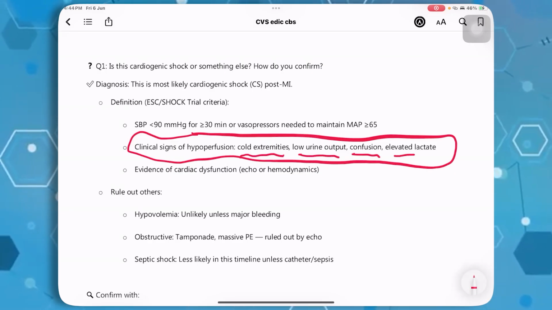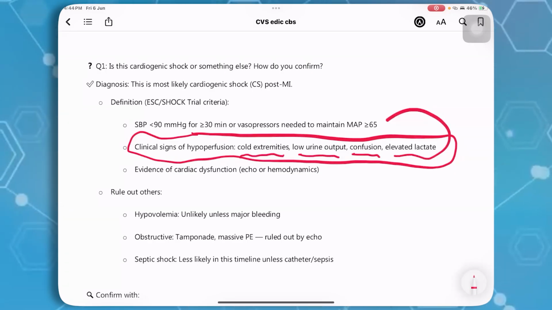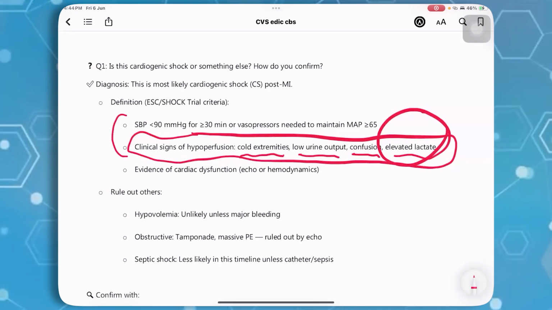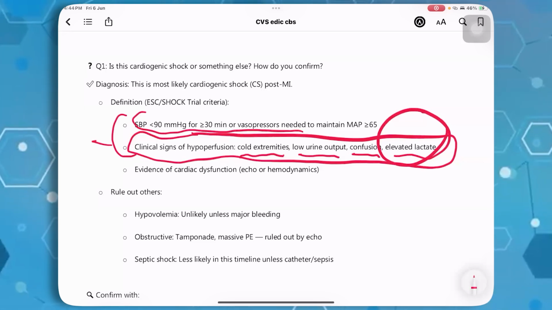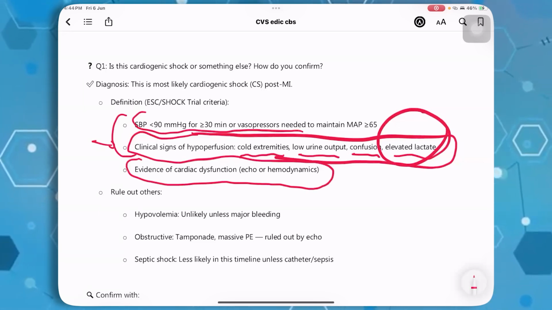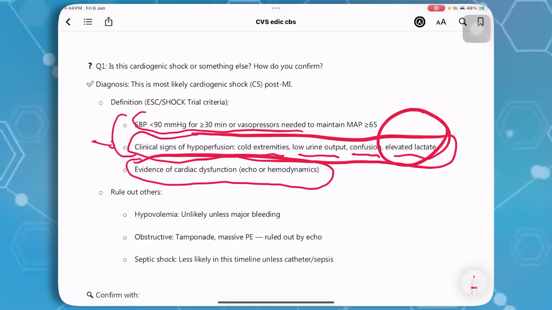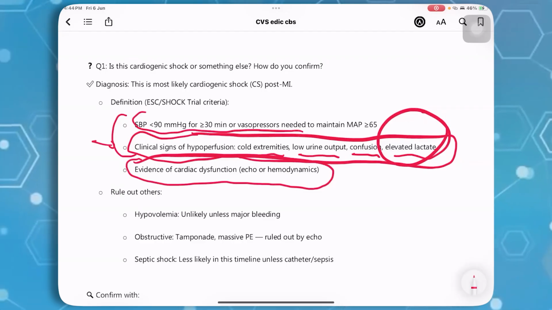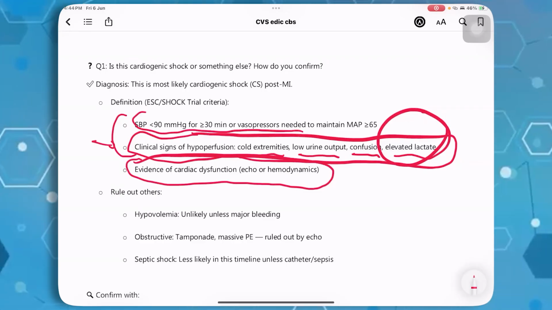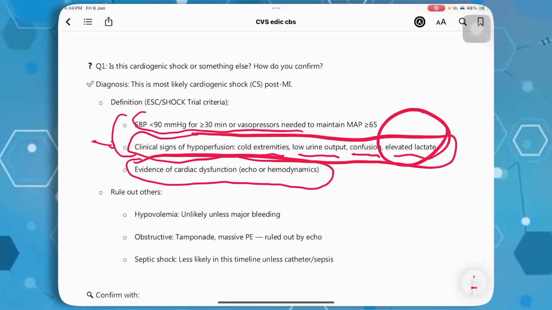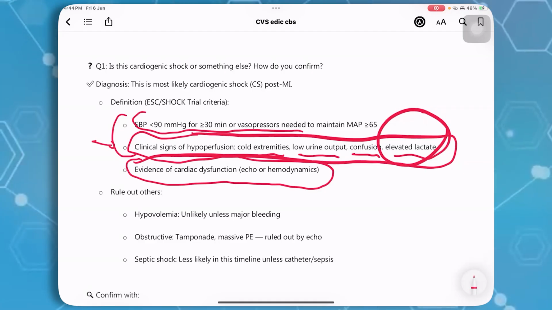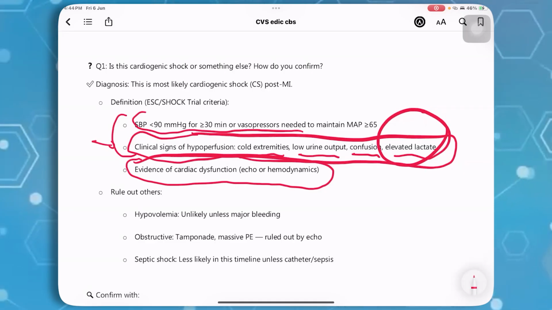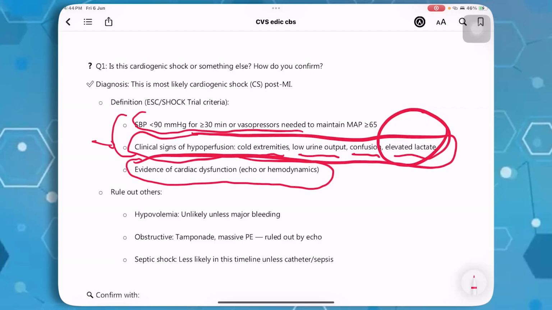Never forget. Along with that, once you have hypotension and shock, the defining moment is cardiac dysfunction established on echocardiography. So you have evidence of cardiac dysfunction on echo or hemodynamically. That is when you say that this patient has a cardiogenic shock.